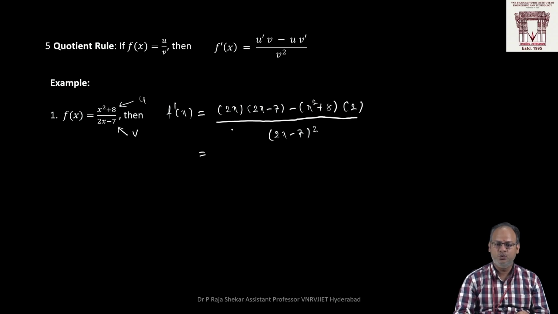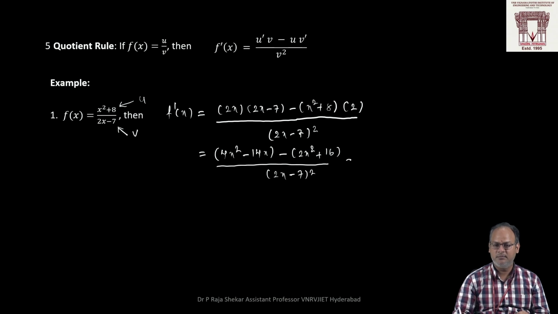So 2x into 2x is 4x square, 2x into minus 7 is minus 14x, minus 2 into x square, 2x square, plus 2 into 8, 16, divided by the same. There is no change in the denominator, so it is 2x minus 7 whole square.